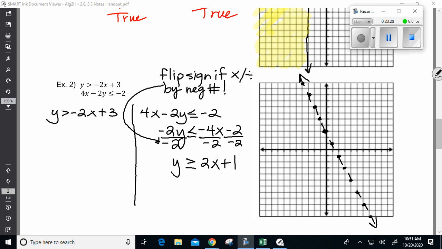So now I need to pick a point to test. I'm going to pick the point 0, 0. Why did I pick that point? Felt like it. Remember, all I have to do is pick a point. It can be above it, below it, wherever I want, as long as it's not on the line.